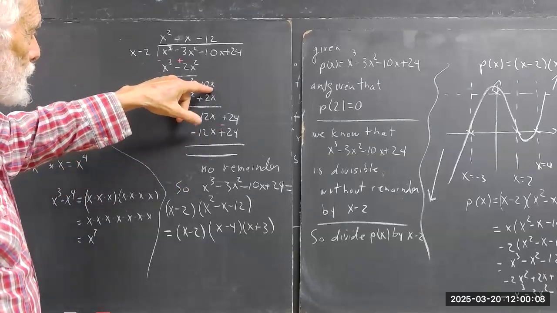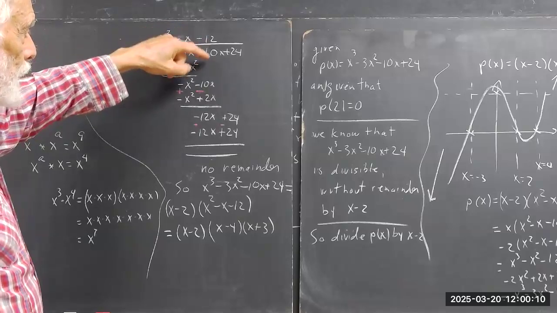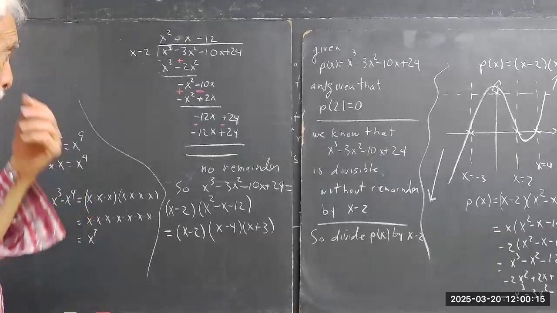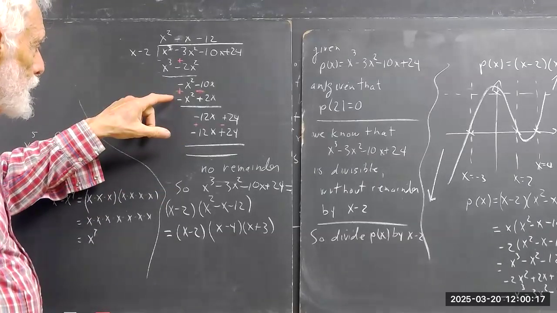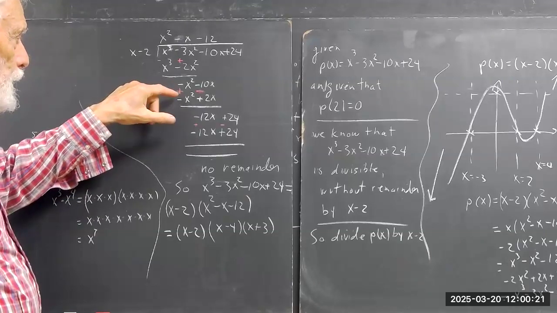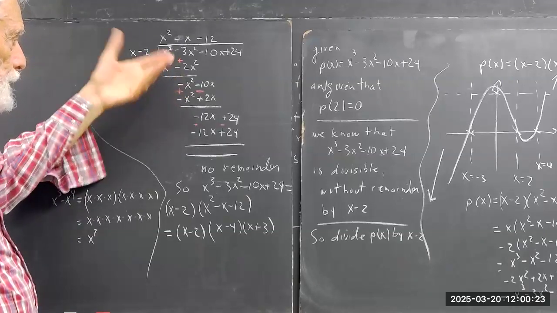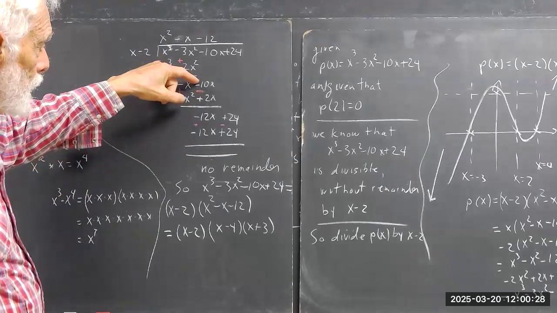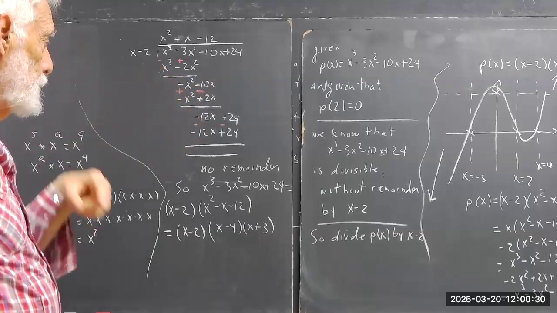And the 10x wasn't originally there; it's up here, and I don't want to have to look all the way up here, so I write it down here. Then I put my little auxiliary signs. Since this is negative and I'm subtracting it, I'm really going to add it. So -x squared plus x squared gives me 0. Don't have to write anything down. And then -10x minus 2x is -12x.